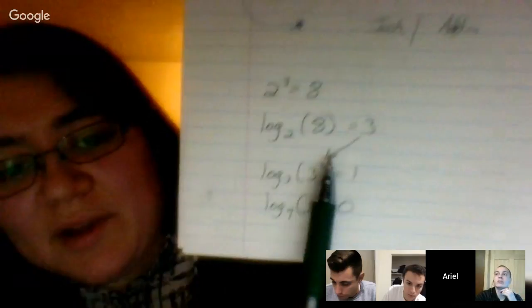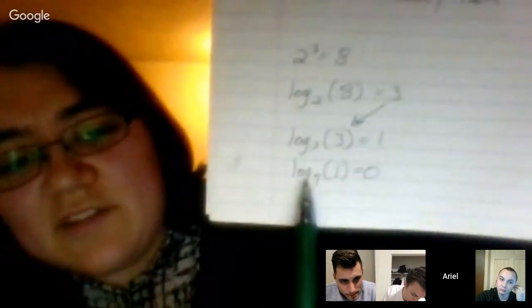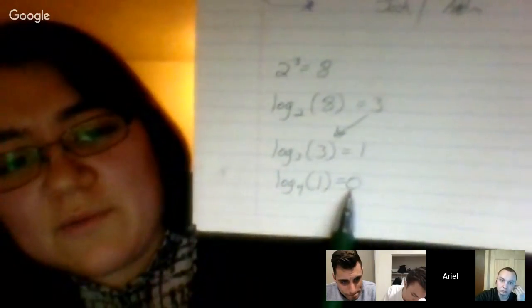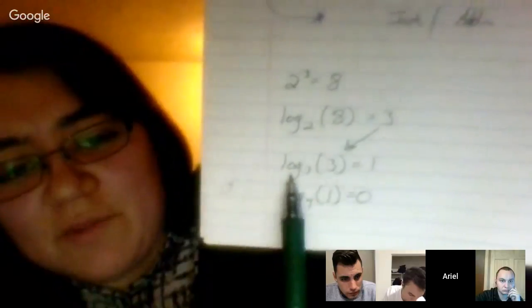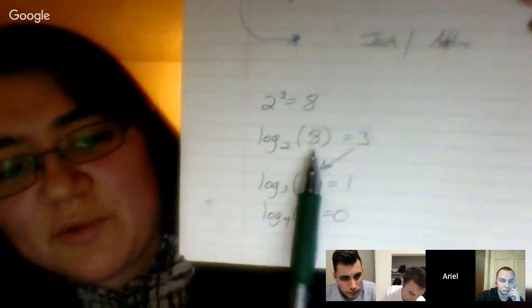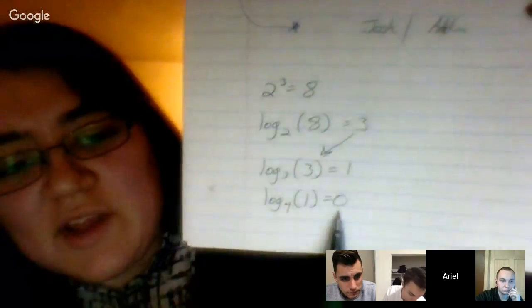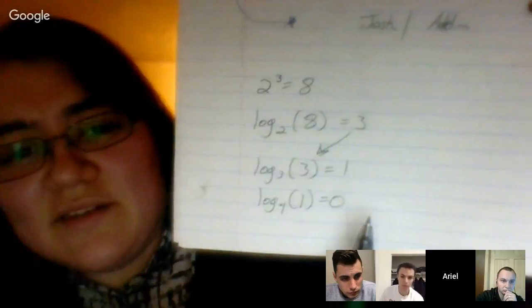I plugged the 3 into the log of 3, and that gave me 1. And then I plugged 1 into the log of 4, and that gives you 0. And that's the log of 4 of log of 3 of log of 2. So x would have to equal 8 in order for the whole thing to equal 0. If that makes any sense.